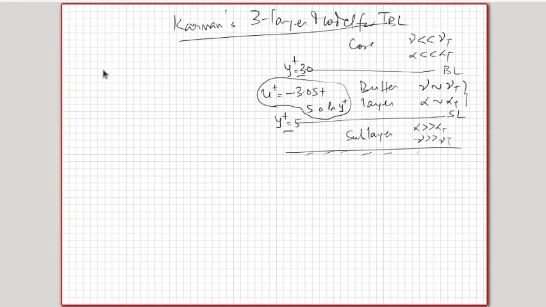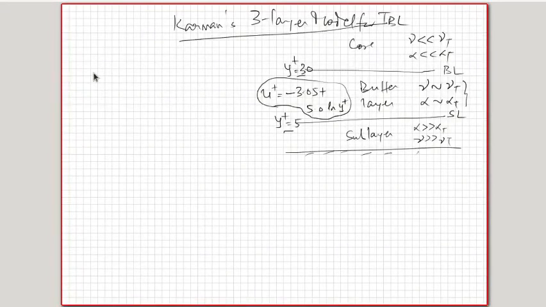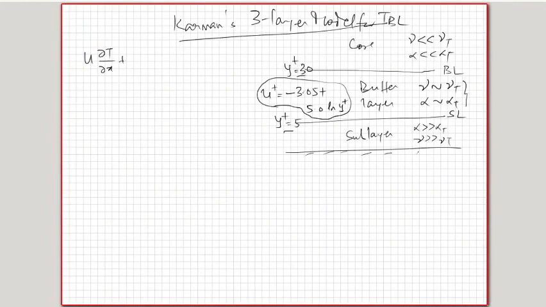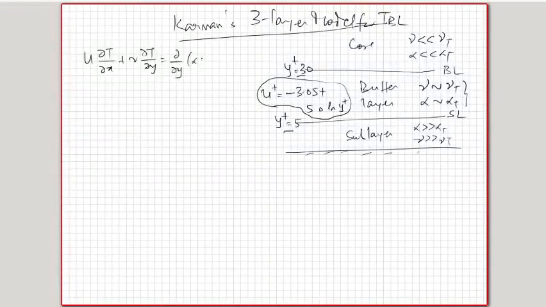So now suppose I start with Karman's three-layer model, saying that you have u del t by del x plus v del t by del y is equal to del by del y of alpha plus alpha t del t by del y.